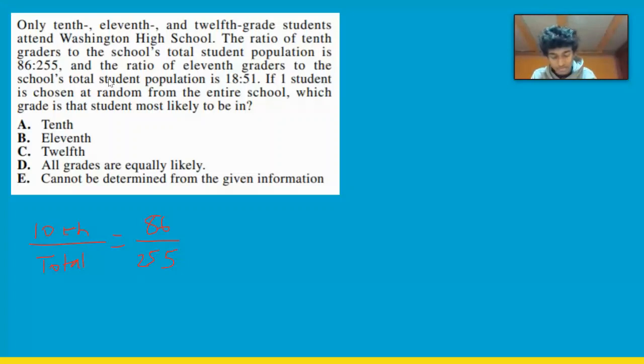And we're given that 11th to total is 18 to 51. So if one student is chosen at random from the entire school, what grade is the student most likely to be in? So we know the ratios of 10th and 11th, but we don't know the ratio for 12th yet.